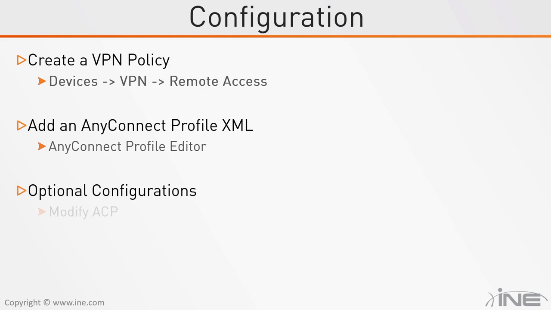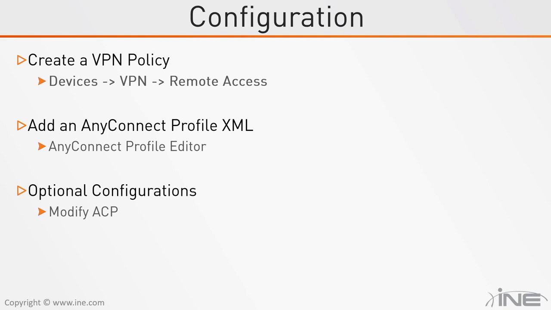Now, in terms of optional configuration, you may want to modify access control policy. So same as with site-to-site VPNs, by default, the sysopt connection permit VPN command is off. But this is something that you will be able to tune, in this case, I believe via FMC, the wizard itself. If not, you will have to do this via FlexConfig.